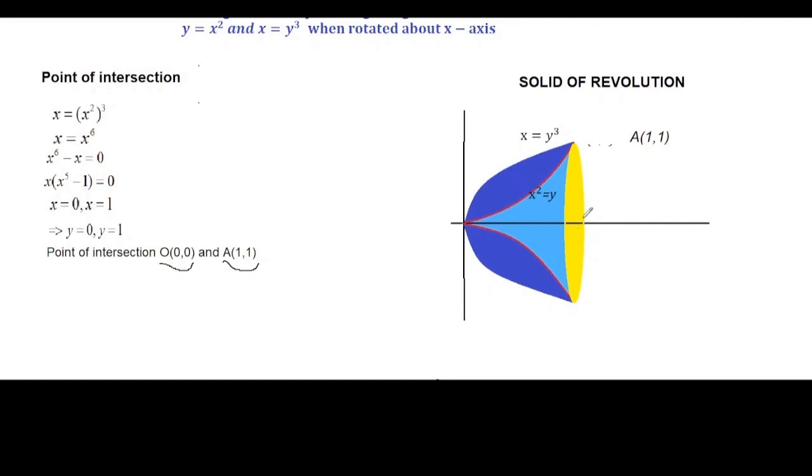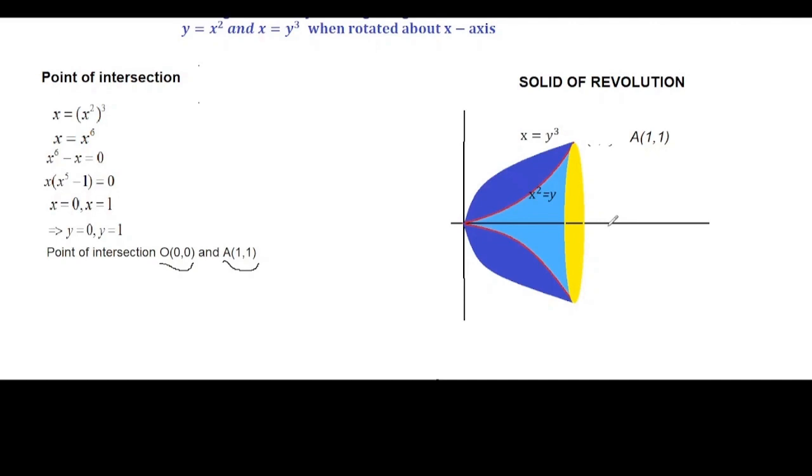This is the rightmost surface. This portion of the solid is the actual solid, whereas this light shaded blue part is the vacuum portion. And to find the volume of the solid, we have to take the cross section of this perpendicular to the x-axis, that is the axis of rotation.